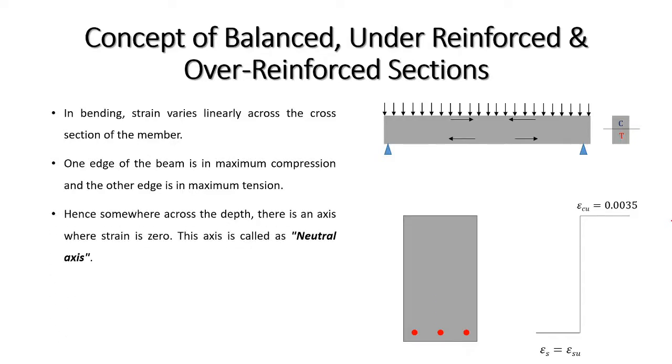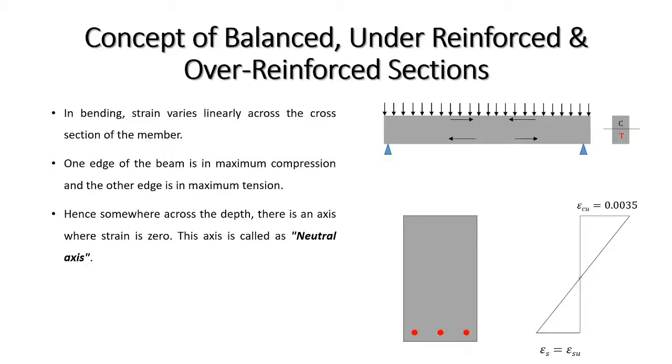Hence, if we see the strain variation of these two values, this strain varies linearly, and as we can observe here, across the depth of this section there is a particular point where this strain value becomes 0. At this point the strain value becomes 0.